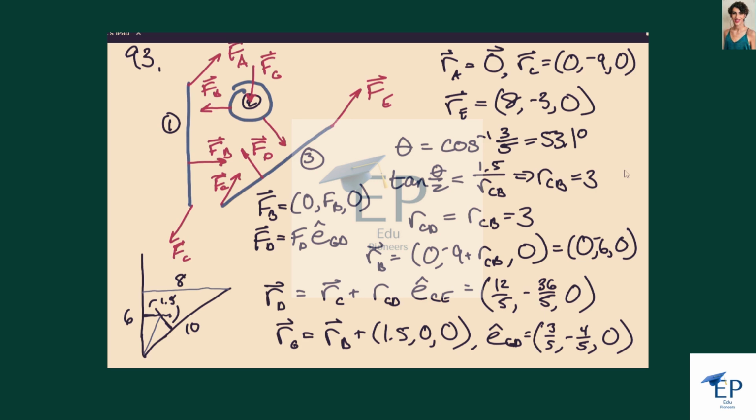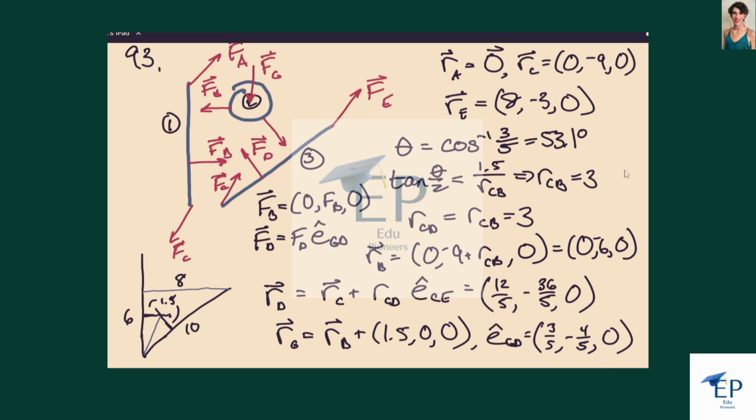And then we can also figure out where RG is. I defined a new point RG, which is where the center of mass of the pipe is. And that is at RB plus 1.5, the radius of the pipe in the horizontal direction.